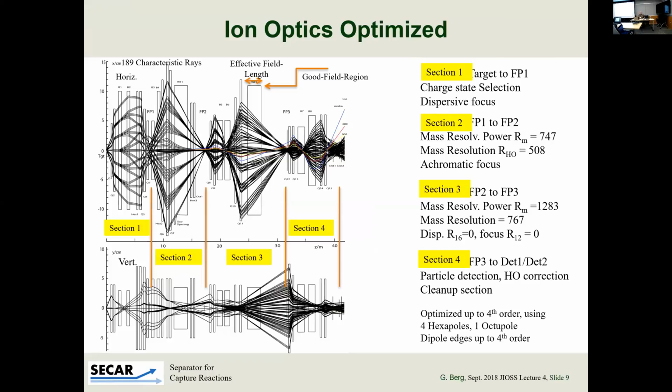I think I didn't completely get that question. Can you rephrase or repeat? If the incoming beam is not an ellipsoid and has a different shape, wouldn't the high orders make it much worse?